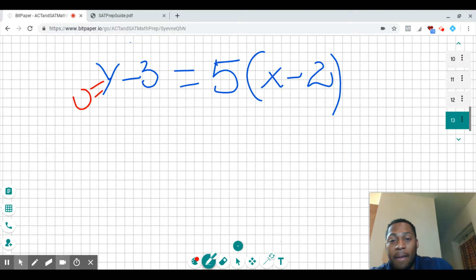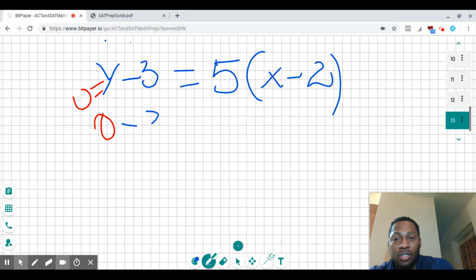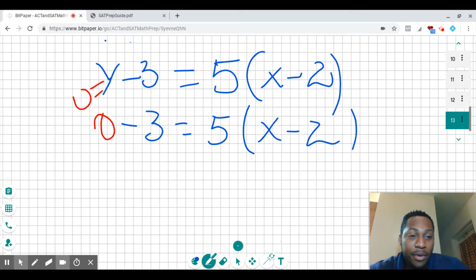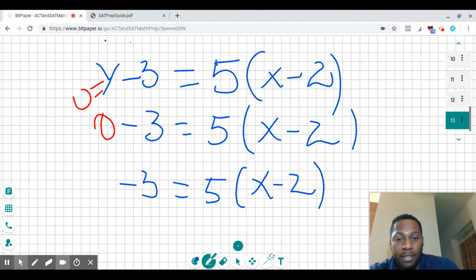We're going to replace y by 0, and then write the equation exactly as it was. So we replace y by 0: 0 minus 3 is equal to 5 times x minus 2. Okay, so we already know y is equal to 0, so we have negative 3 is equal to 5 times x minus 2.